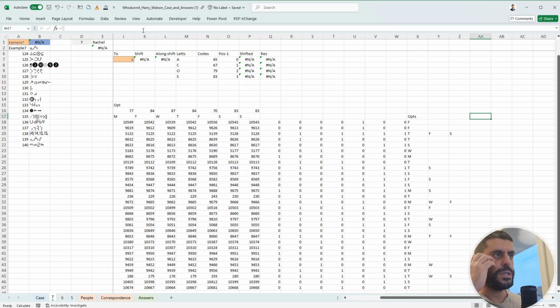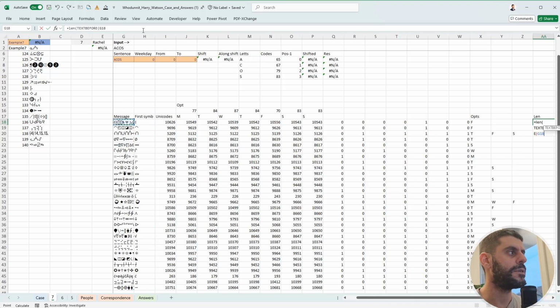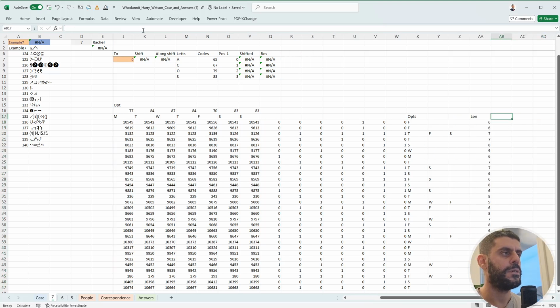I also need the length of the first word, so len of text before this space. So option with length, it's this and this.